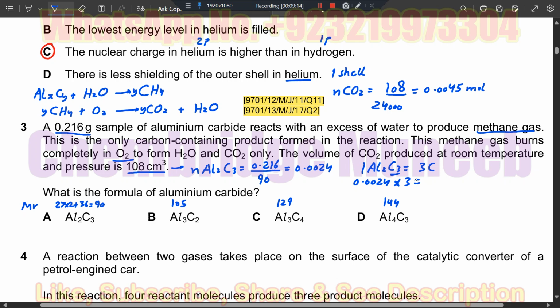So this should give me 0.0072 moles of carbon. Now this value and this value don't match with each other.